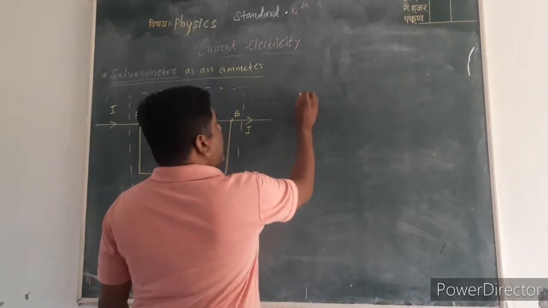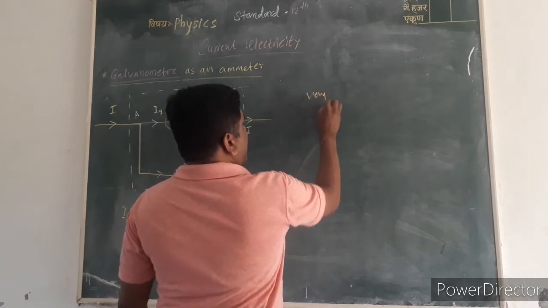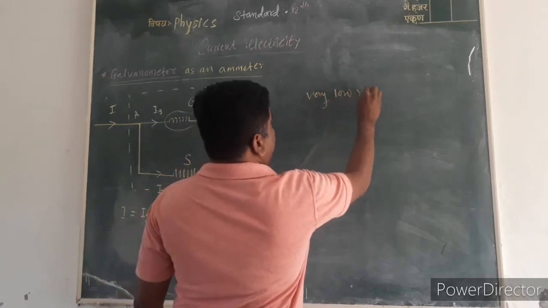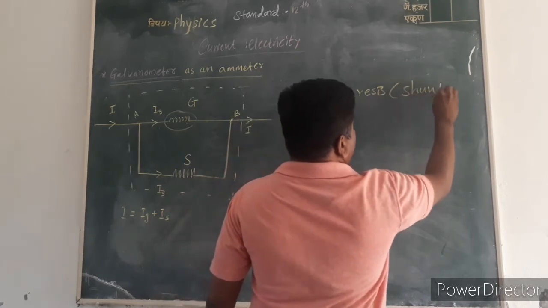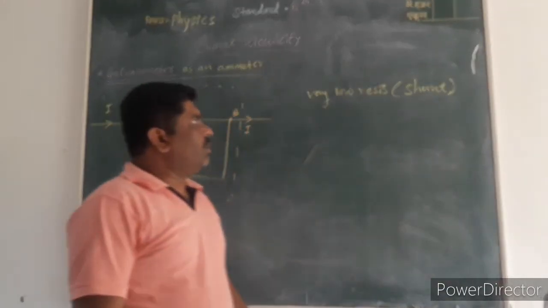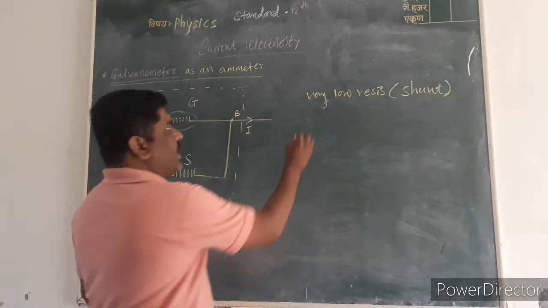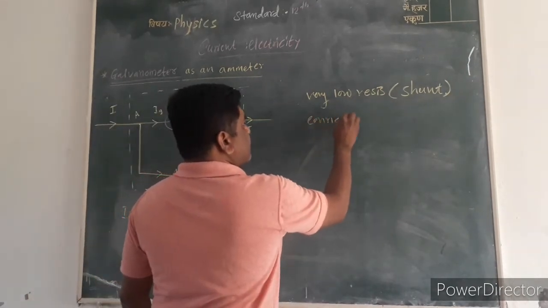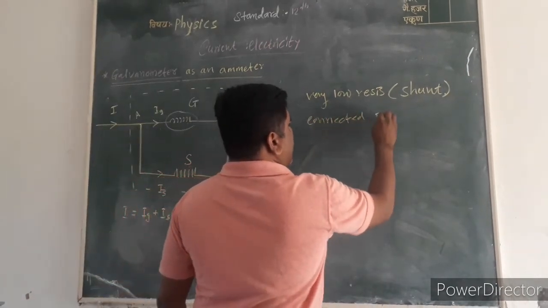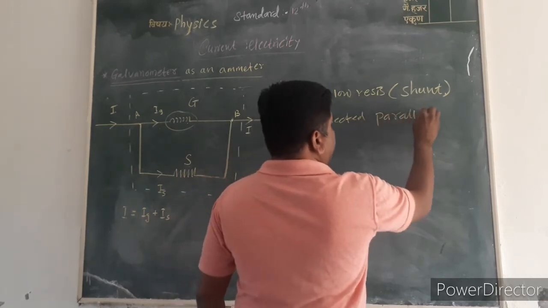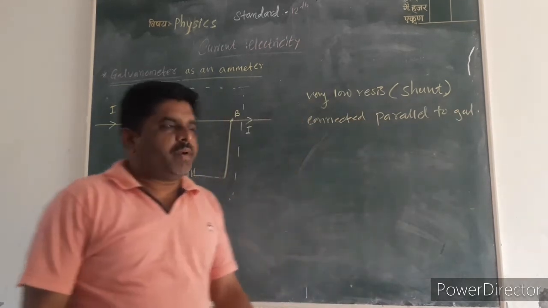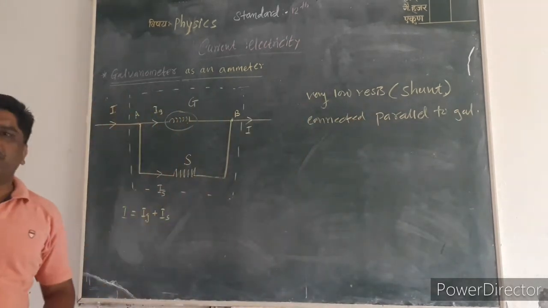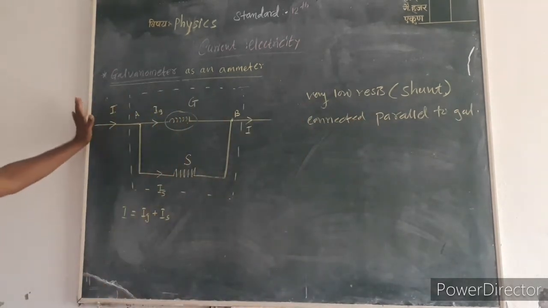Very low resistance called shunt connected parallel to coil of galvanometer, then that galvanometer is converted into ammeter.